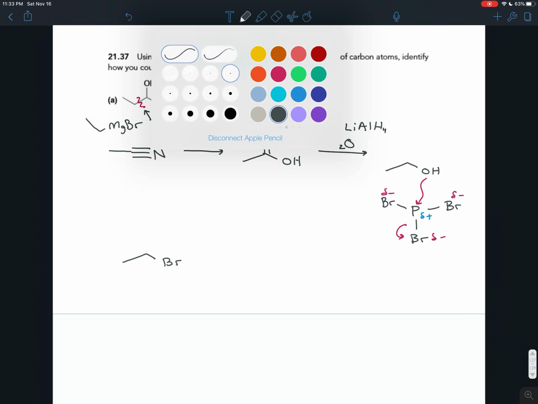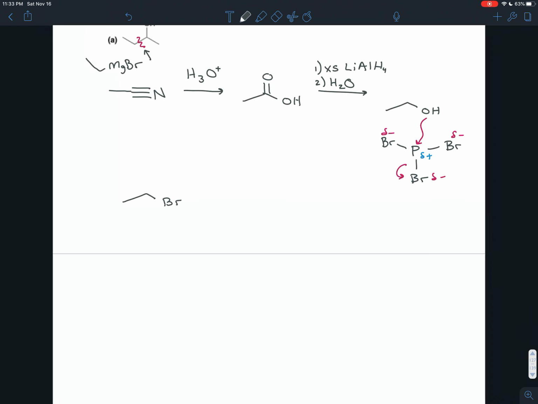Now what you end up with after that step is the oxygen, but now it's bonded to a phosphorus with 2 bromines. And this whole thing can function as a good leaving group because that oxygen has 3 bonds and therefore a full positive charge.